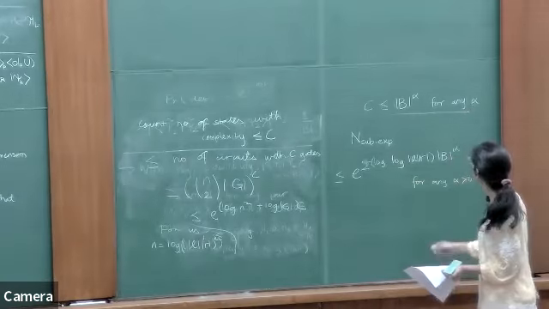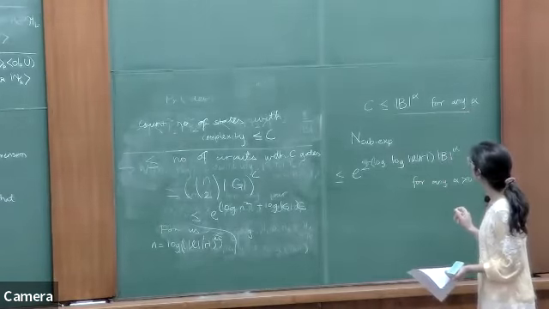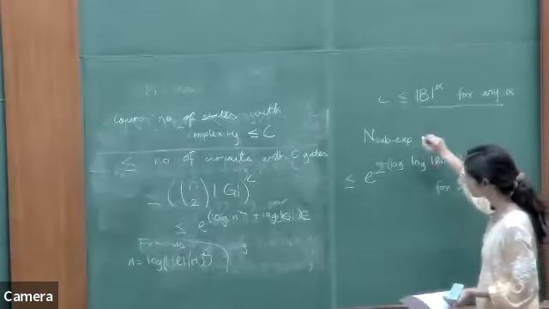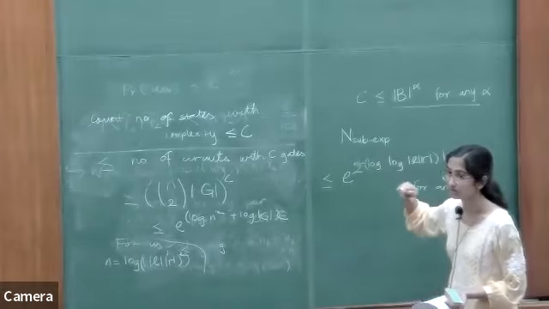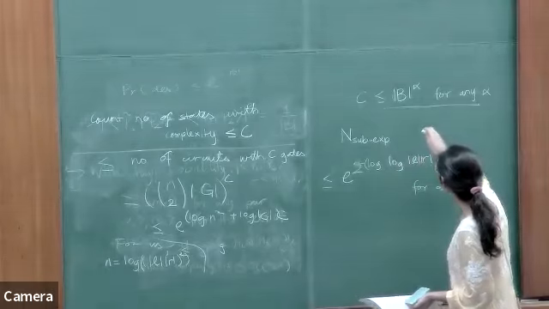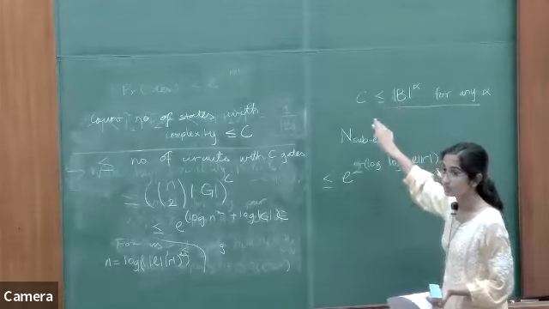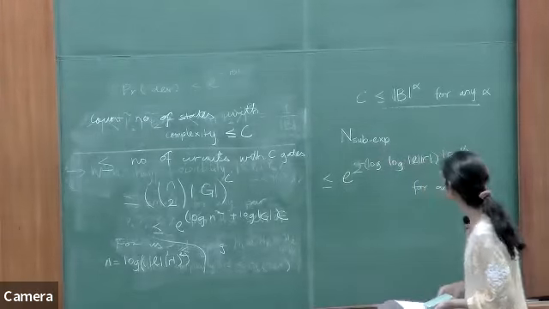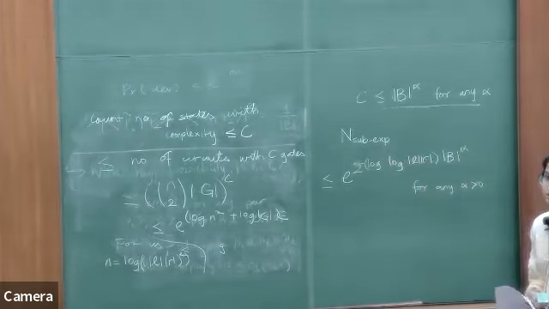Because C equal to B would have been the maximum. It would have been exponential in the size of L and R and not B. So the parameter that we want to use here is really the black hole entropy and not the naive size of the system. Yeah, that's why it is sub-exponential.